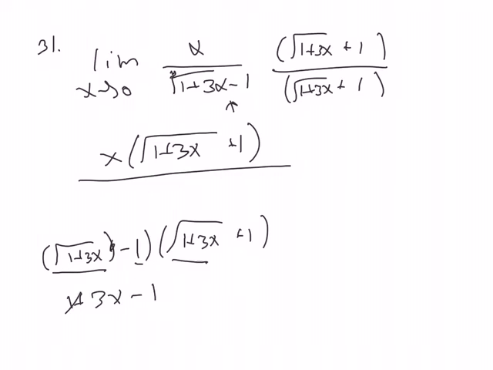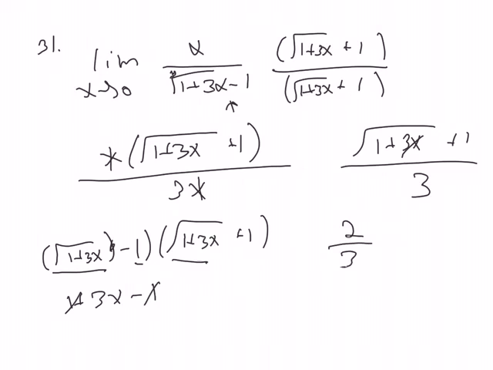So the 1's cancel. We get a 3x in the bottom. The x's cancel. So we get (square root of (1 plus 3x) plus 1) over 3. For x going to 0 this vanishes, so we get 2 over 3, which is our limit.